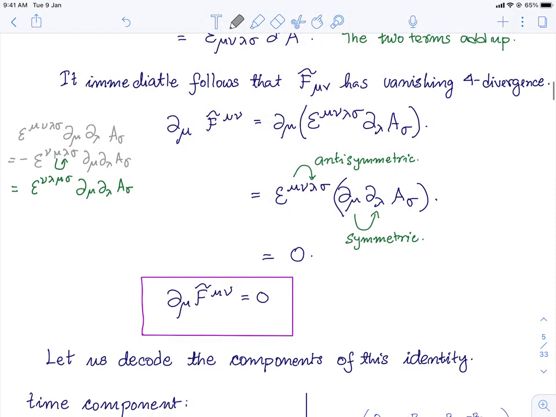And so the sign goes away. Now I can again interchange mu and lambda here, without any sign. So if I do that, then this becomes epsilon nu lambda mu sigma del lambda del mu a sigma.